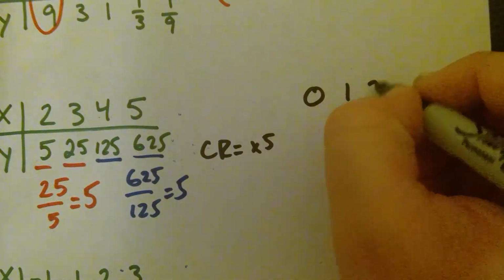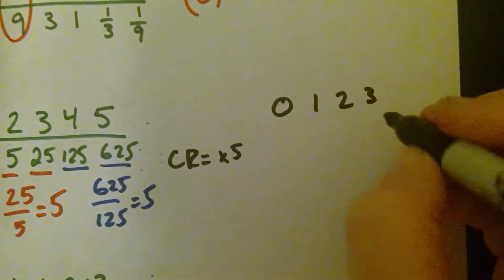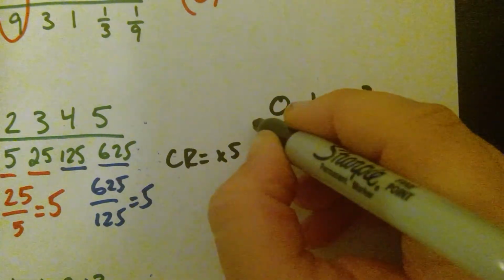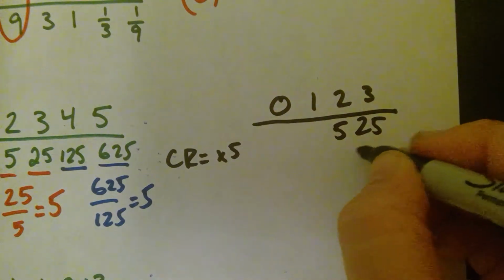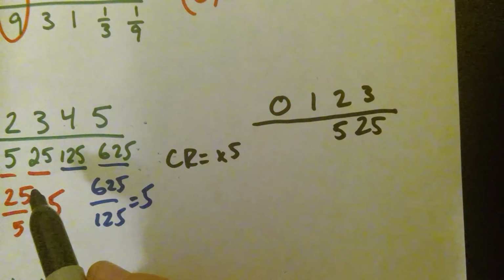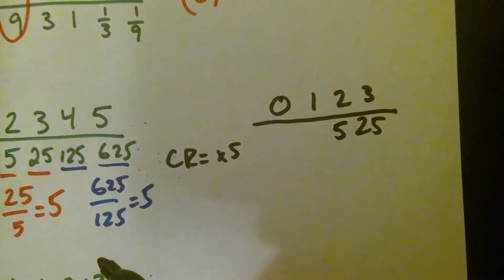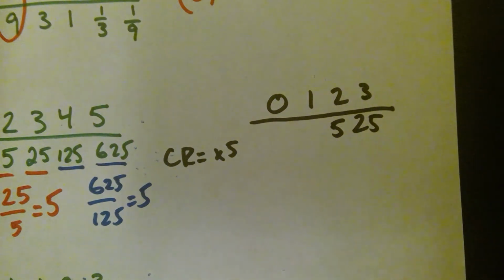I'll write a new table: 0, 1, 2, 3. We know that 3 is 25. We know that 2 is 5. So if we multiply by 5 to go to the right, we have to do the opposite. Let's show that.